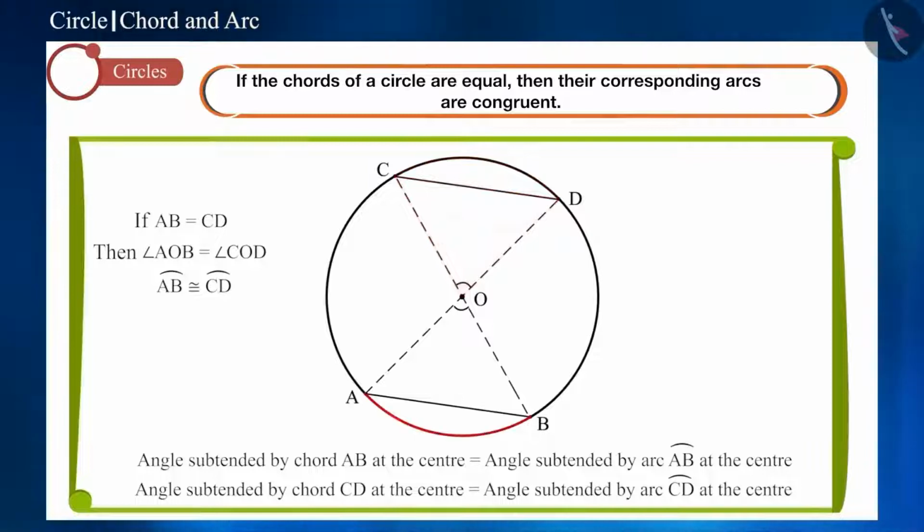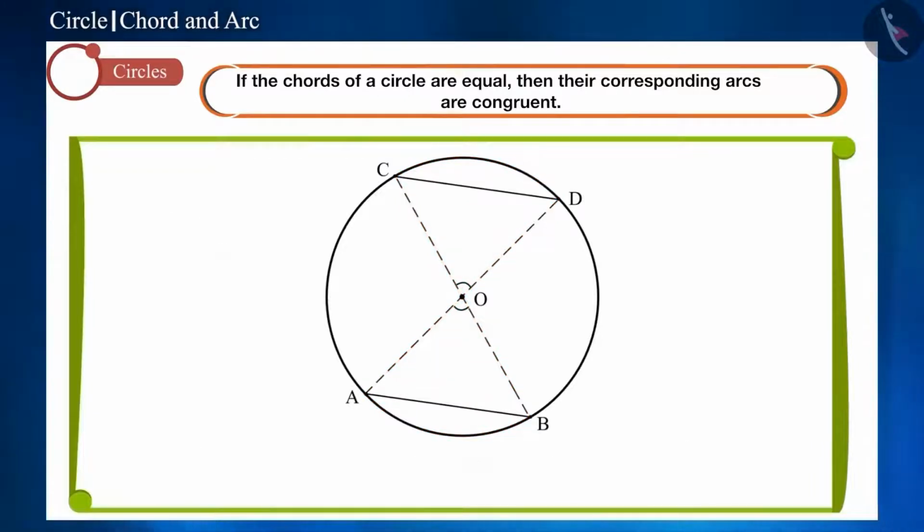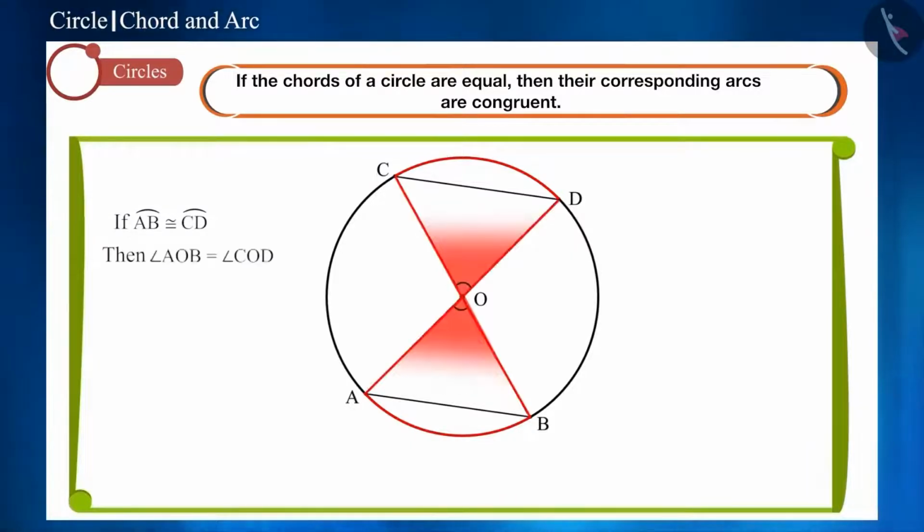Therefore, the angles subtended by arc AB and arc CD at the center are angles AOB and COD respectively. Therefore, we can say that congruent arcs of a circle subtend equal angles at the center.